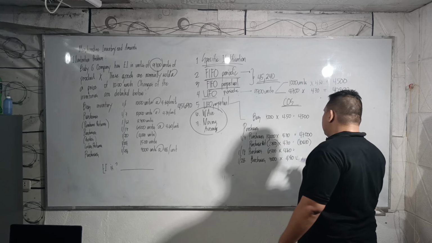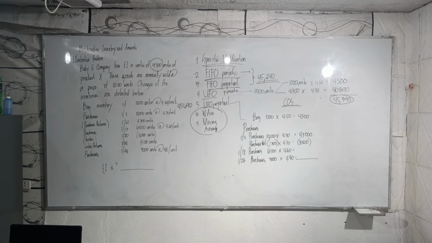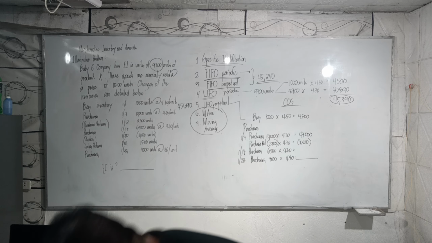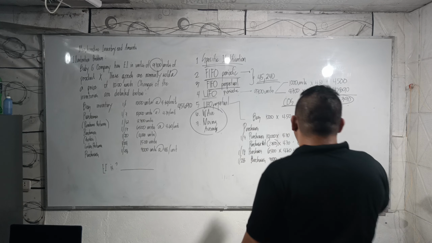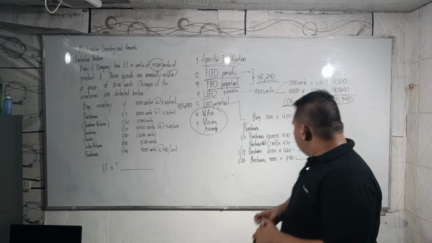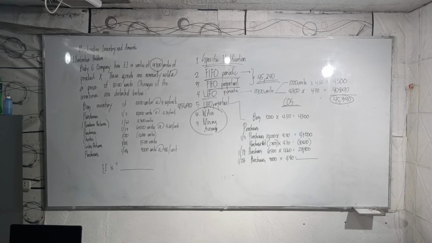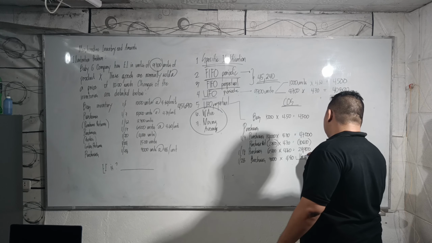And then 6,500 times 4.60 equals 29,900. And then lastly, 3,000 times 4.8 equals 14,400.